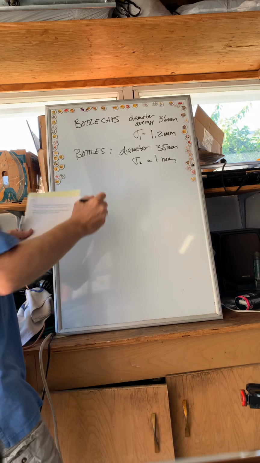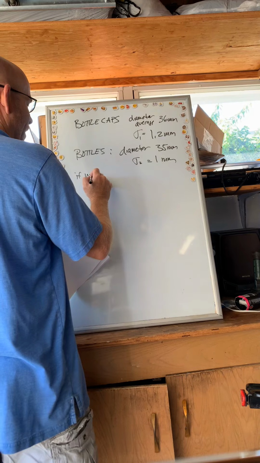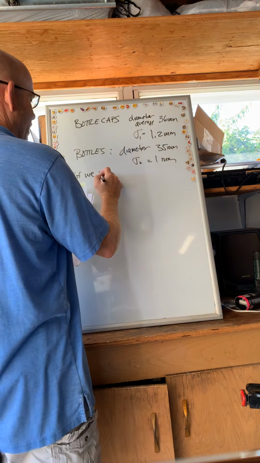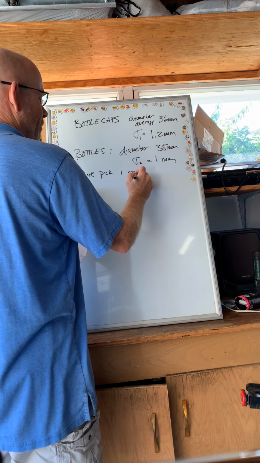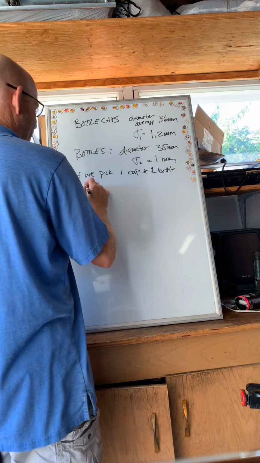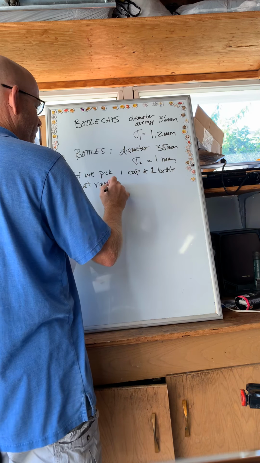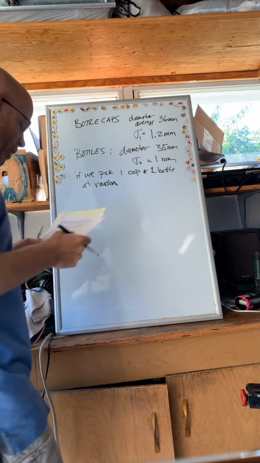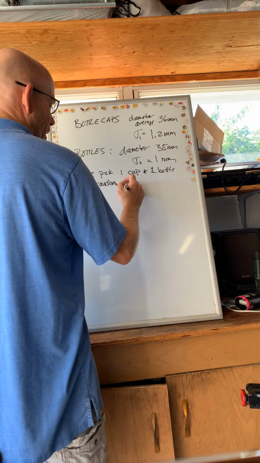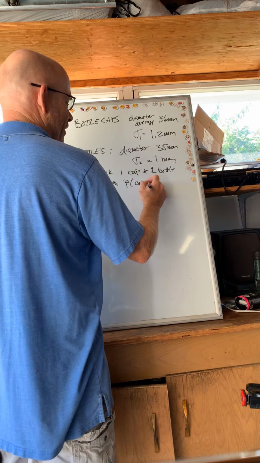And the question is, this is our company trying to see if this is going to fit, if we pick one cap and one bottle at random, what's the probability the cap will actually fit on the bottle?